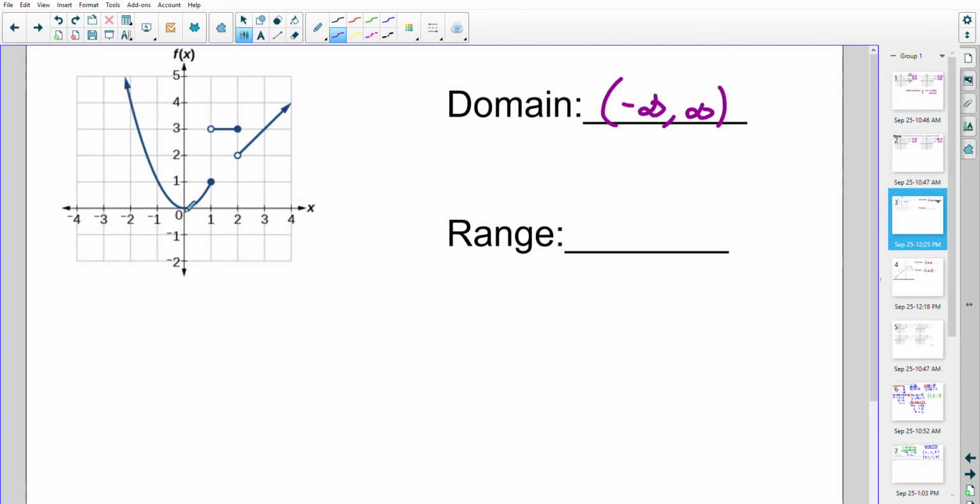And the range is going to be at 0. And you can see on this one, all of the y's are going to be covered in the positive direction. Even though there's breaks here, it's still covered here. So that means it's going to start at 0, including 0, and go to +infinity. Again, infinity never included.